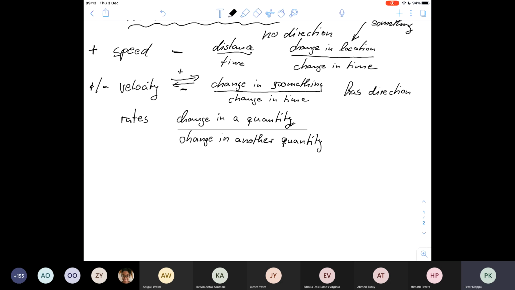As long as there's a change in something divided by change in something else, we could define that as a rate. That's just a very general expression, and rates are also always directional. So it can be positive, or it can be negative, or it can be zero.